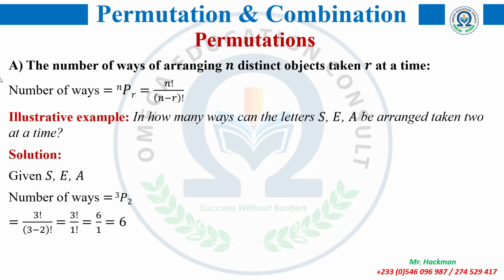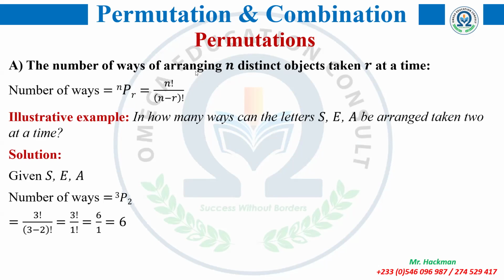So, the number of ways of arranging n distinct objects taking r at a time is denoted, from our basic concept of permutation, by nPr. Remember, I told you when I introduced permutation and combination that anytime you see arrangement, arranging, or arrange, we are talking about permutation.